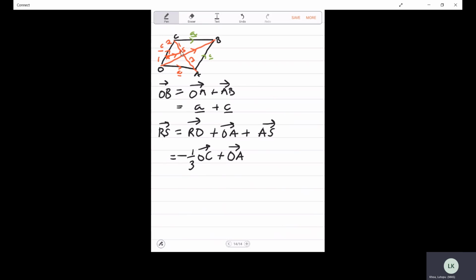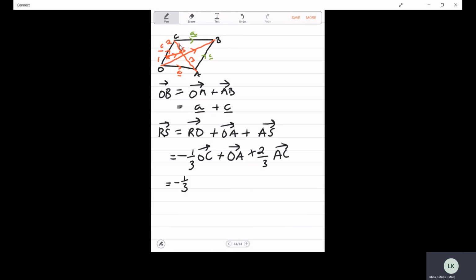There's 2 parts from A to S, and then 1 part from S to C. So to go from A to S, that's just 2/3 of the way, so it's 2/3 of AC. Then A to C, I still need to rewrite it in terms of position vectors. So I'm going to keep all this for now.